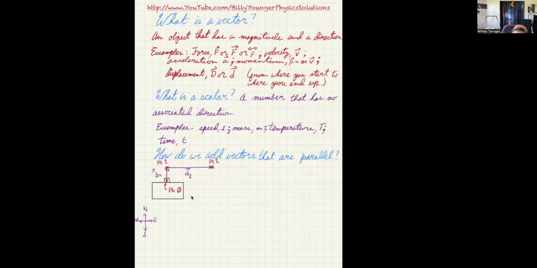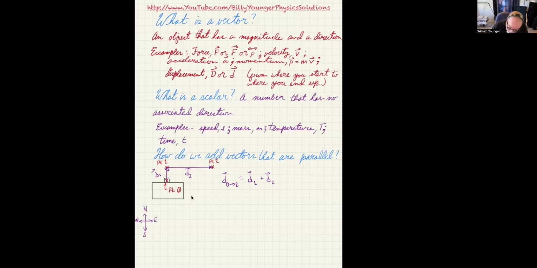Okay, so we'd say displacement from 0 to 2 is equal to d1, which goes from 0 to 1, plus d2, which goes from 1 to 2.